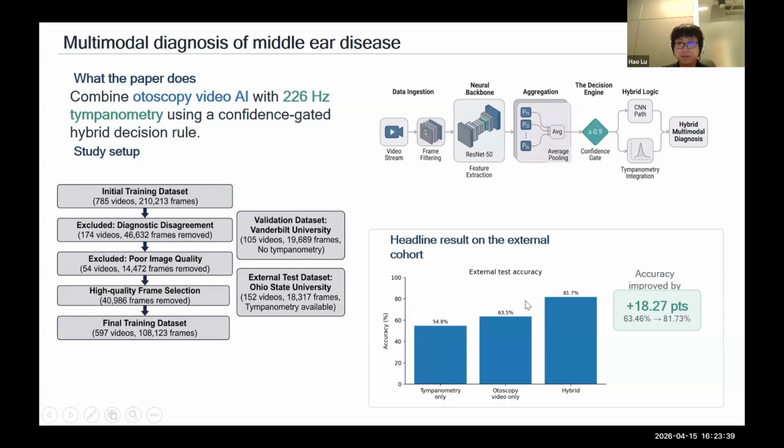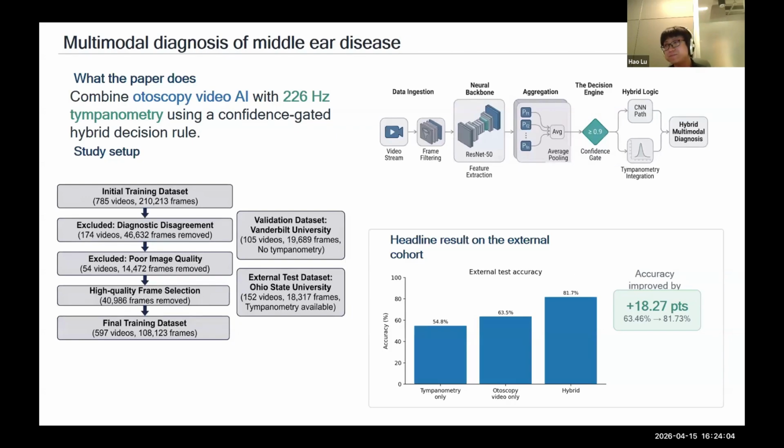And as I mentioned, the otoscope video has only about 65 to 68% accuracy. We report the lowest one here. But if we combine the otoscope and the tympanometry together, the hybrid model can increase up to 81% accuracy.